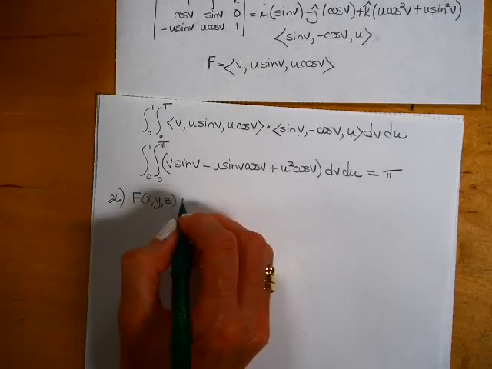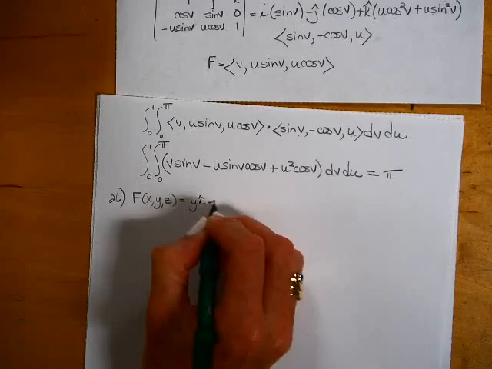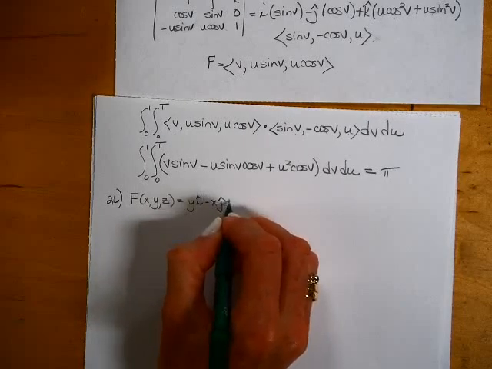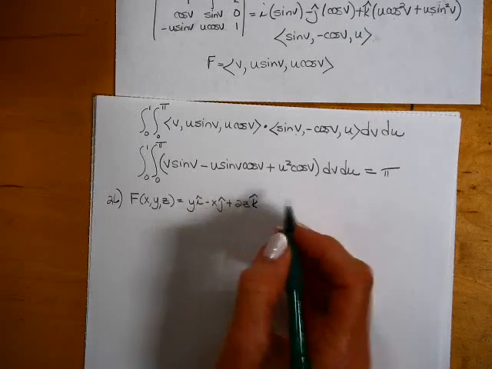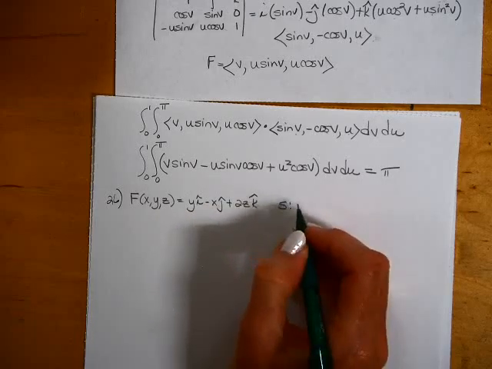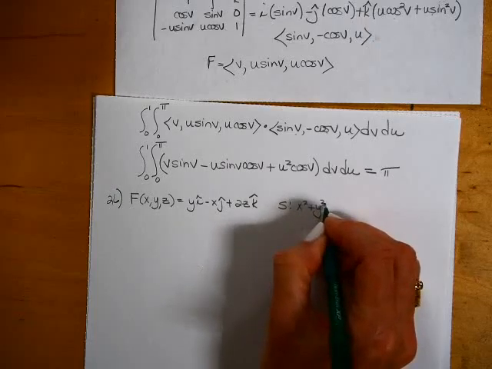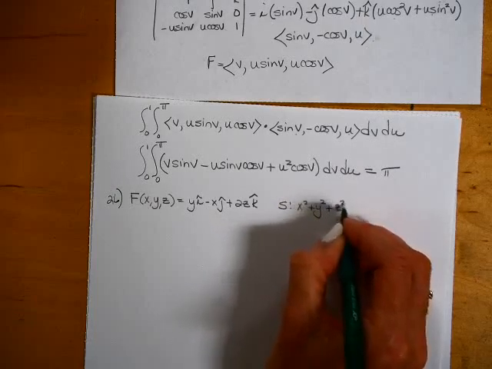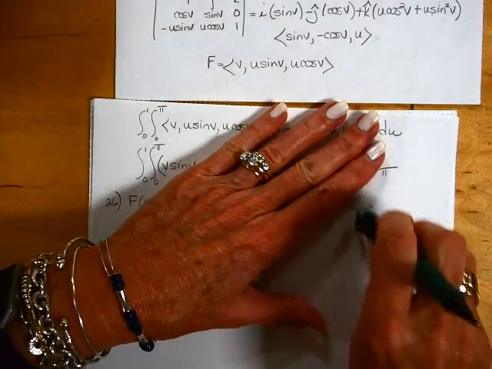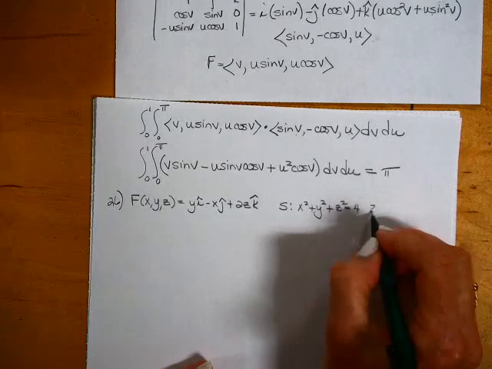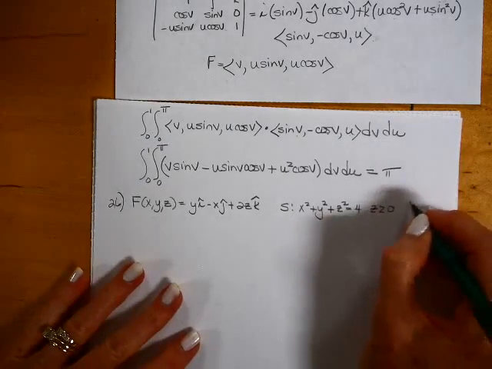The vector field is yi minus xj plus 2zk. S is the hemisphere x squared plus y squared plus z squared equals 4, where z is greater than or equal to 0. And it is oriented downwards.